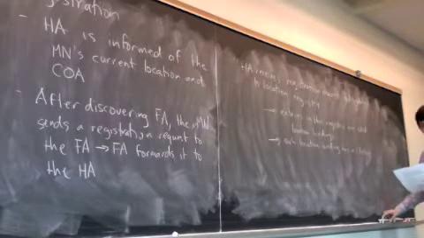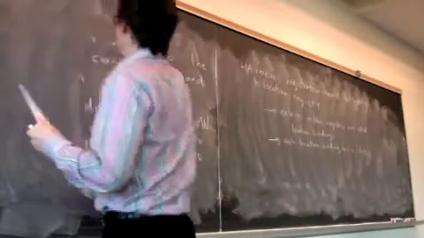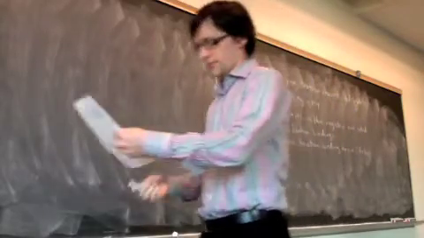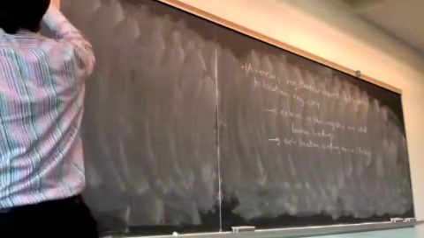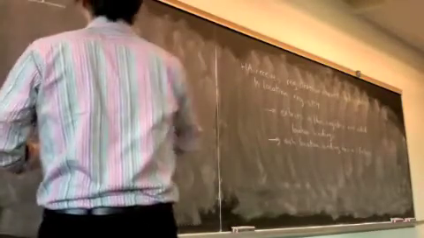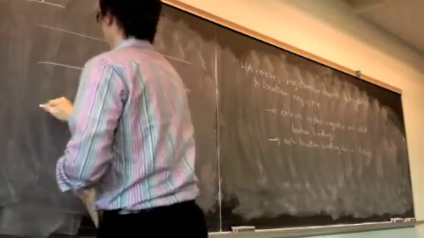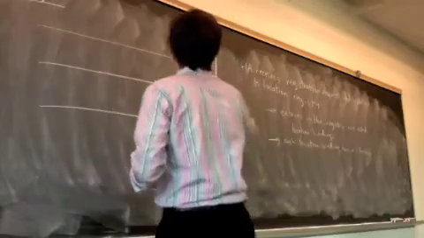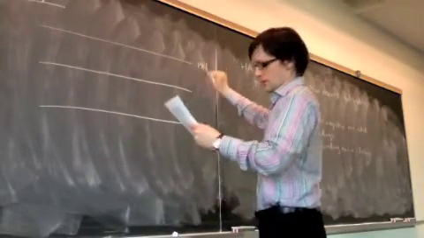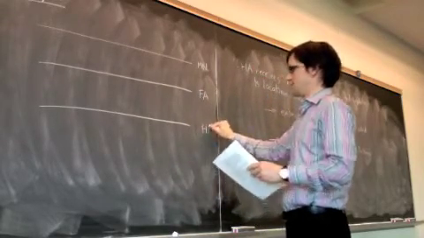So the message traffic in registration will look something like this. Assuming we're using agent advertisement, this will be figure 2. So assume you've seen diagrams like this before. This line will represent the mobile node. This line will represent the foreign agent. And this line will represent the home agent.